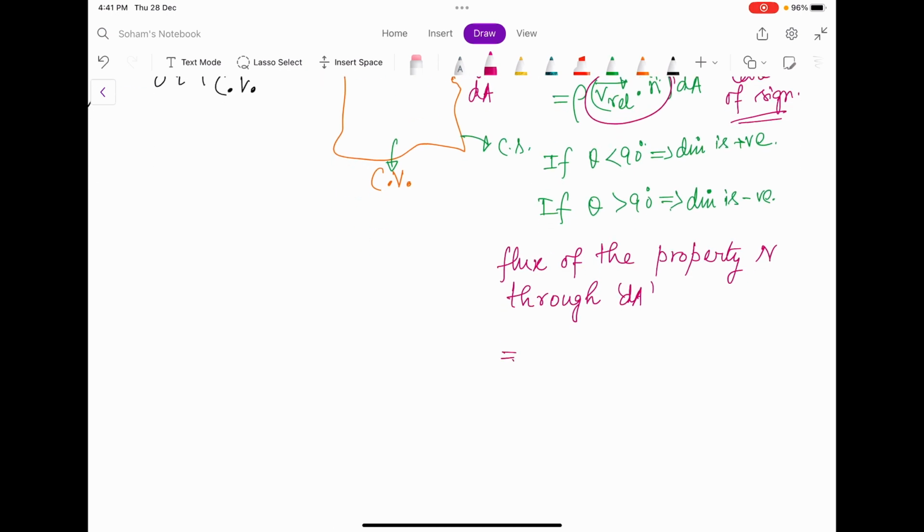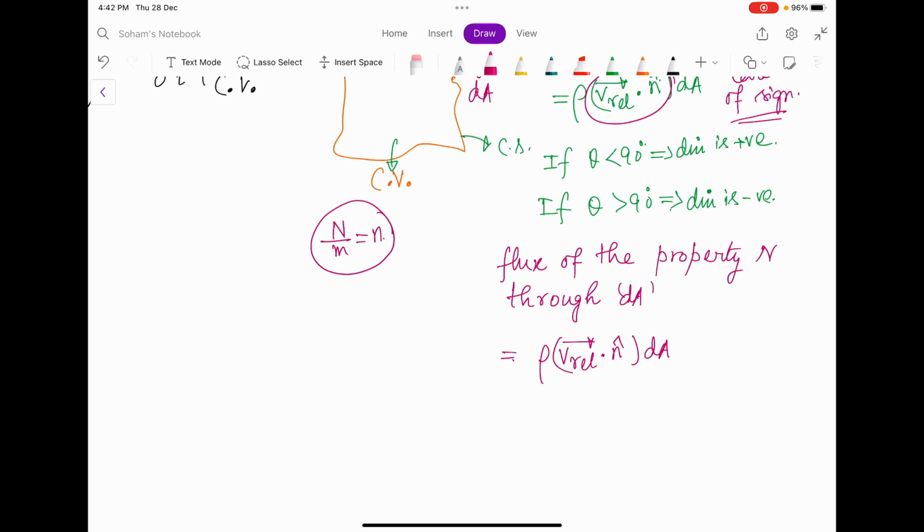Let us define n by m equals small n. So small n is nothing but n per unit mass, the specific n. If n is the extensive property, then small n is the intensive property. So this will be rho v relative dot n cap into dA.